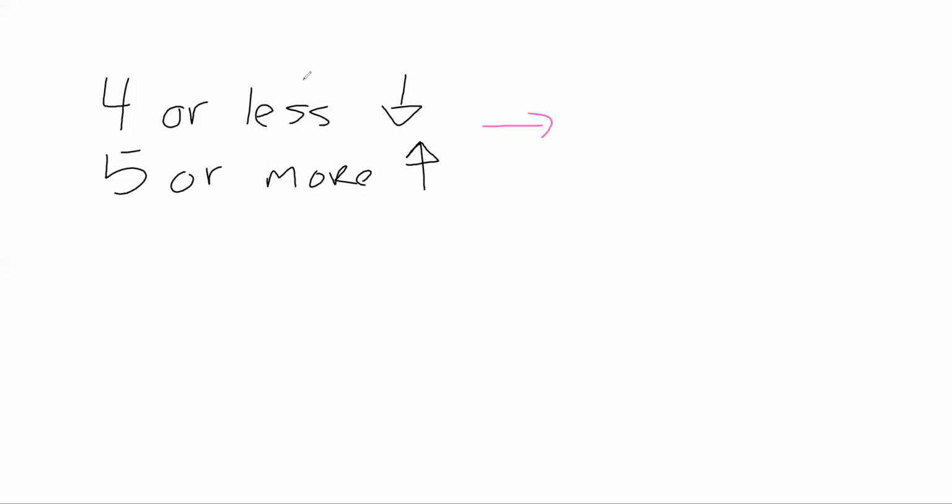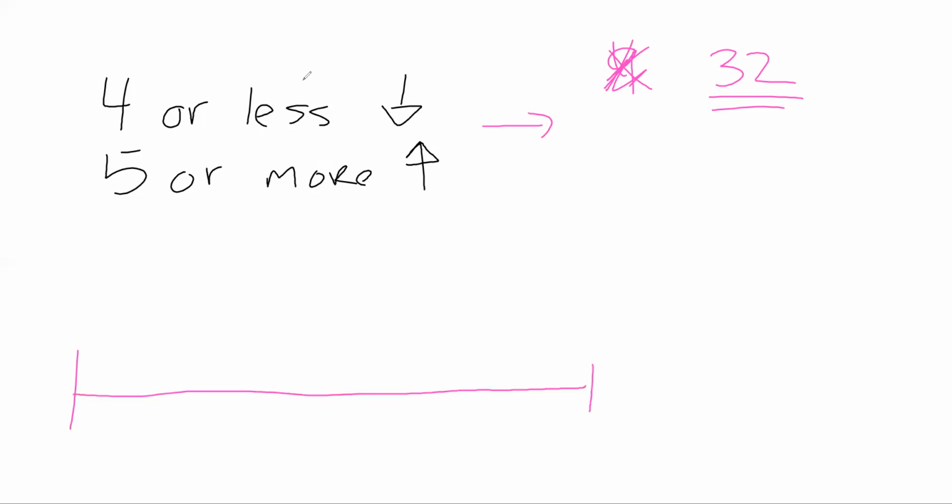So let's say, I'm not going to do 93, I don't like that, that's not fun. Let's do 32. If that was on a number line, I would start at 30 and I would go to 40. In the middle is 35, and then 31, 32, 33, 34.